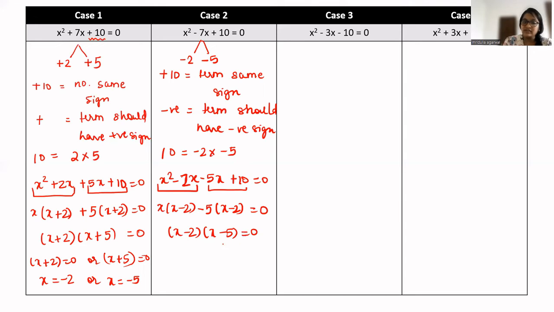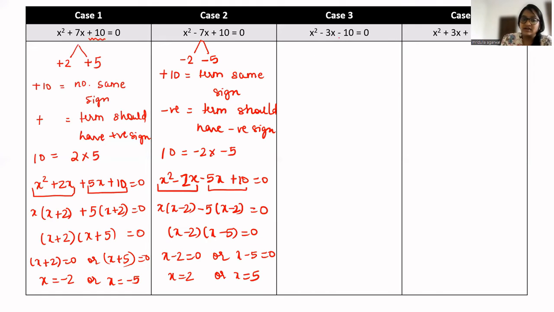Product rule: either of the terms should be 0, then only we'll get the main answer as 0. So x minus 2 equals 0 or x minus 5 equals 0. So x equals 2 or x equals 5. There are two possibilities: one root is 2 and the other is 5. Now we'll talk about this.